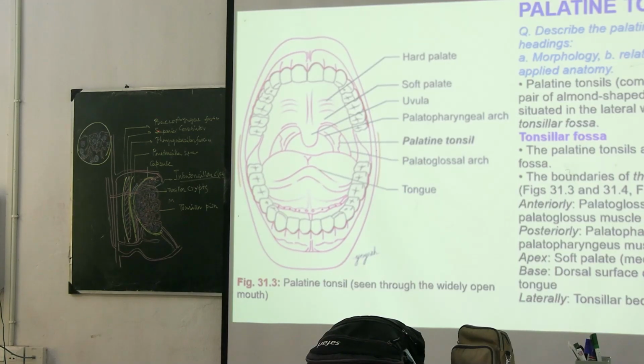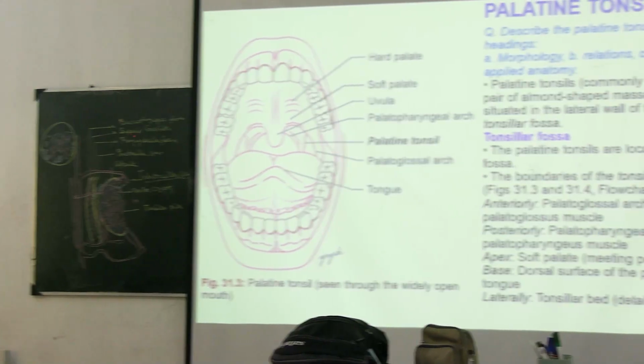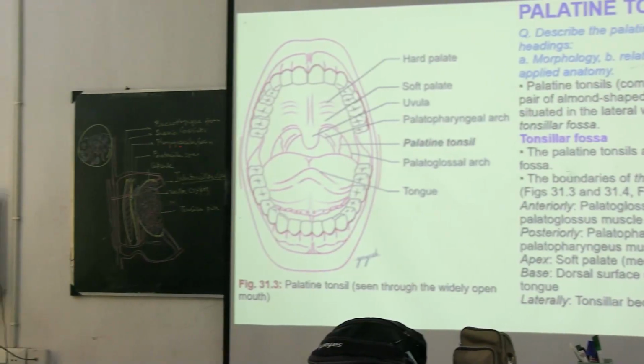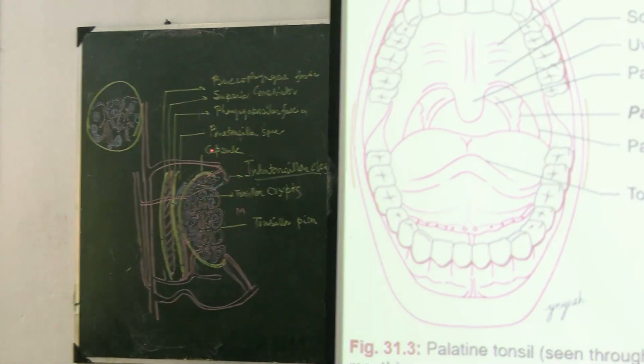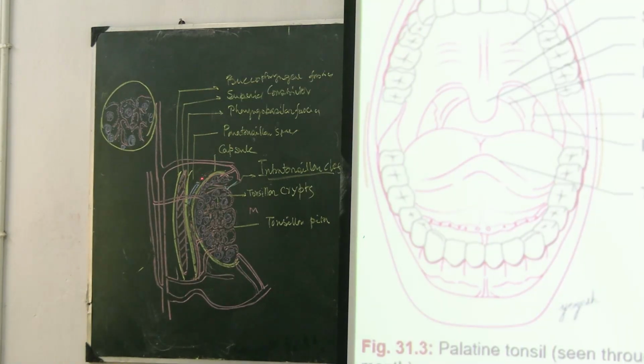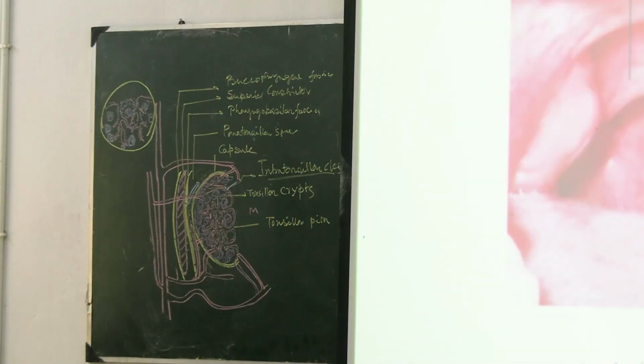These are the muscles: the buccopharyngeal fascia, superficial constrictor, pharyngobasilar fascia, paratonsillar space, and this is the histological section.